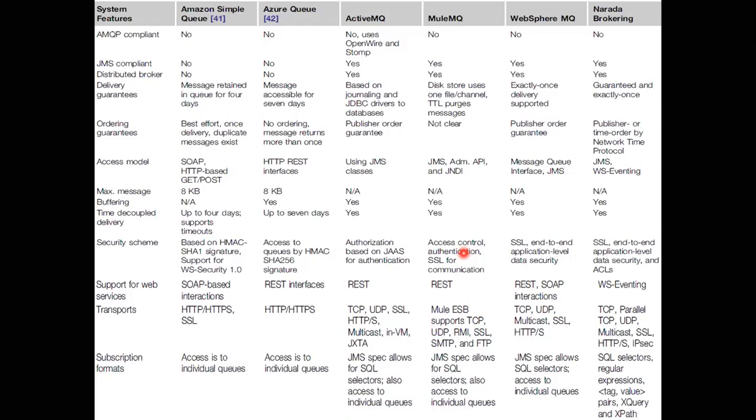So what are the protocols? Mule includes POP, IMAP, FTP, RMI, SOAP, SSL, SMTP, all these things. And coming to ActiveMQ, this is the popular Apache project. It provides open source message brokering.